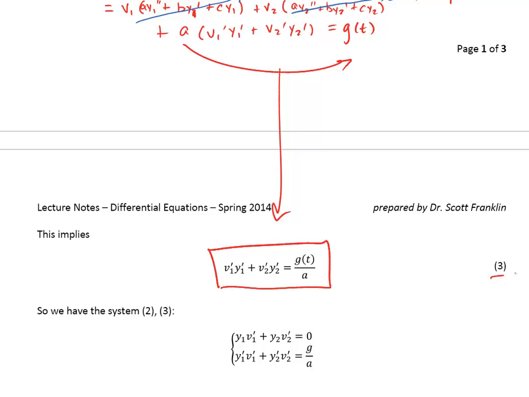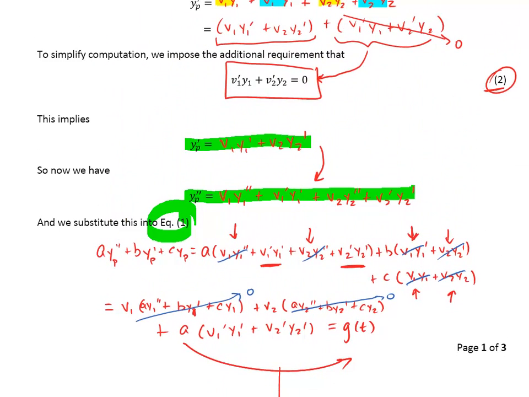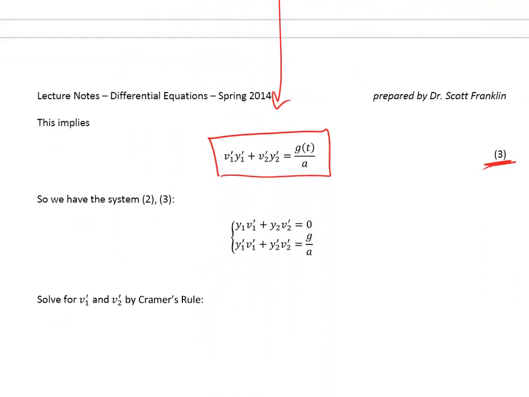Now, if you take equation 3 and equation 2, you can write that as this system of equations right there. Now, remember, we know what y1 and y2 are. Those are the known values.